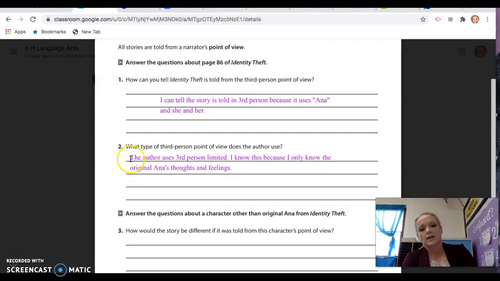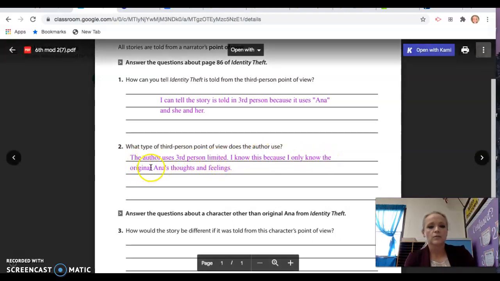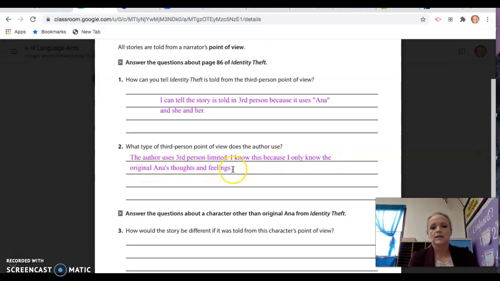So we decided that the author uses third person limited. And I know this because I only know the original Anna's thoughts and feelings. While the other characters might talk, and I can kind of maybe tell, like the teacher was nervous and the new Anna seems really nice and polite, I really only know the inner thoughts of one character.